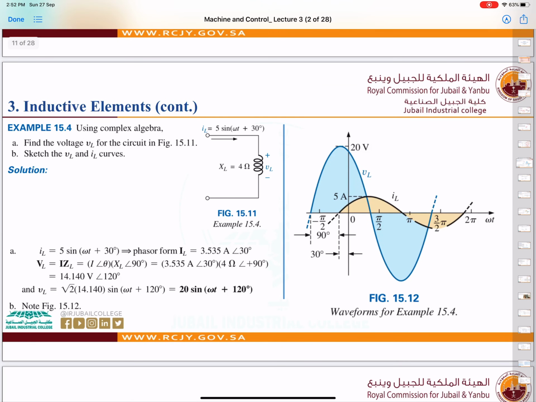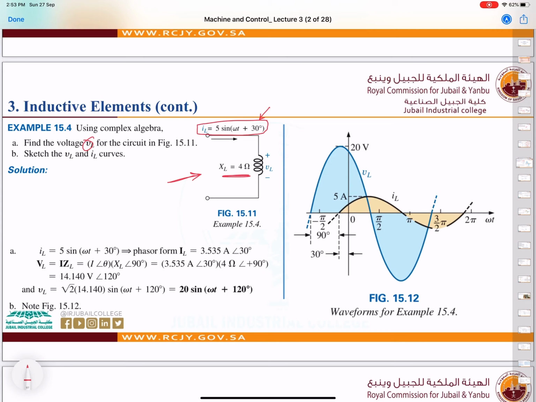Now, another example, we will find the voltage now, as for the resistor, but this one is for an inductive element. So find the voltage VL for this circuit. We have the current, and we have a shift angle here, okay? And we have an XL which is 4 ohm.